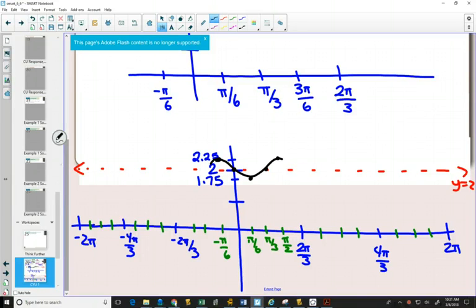To extend it to 2 pi and negative 2 pi, we just have to keep alternating between maximum, center line, minimum, center line, maximum, center line. And keep going over here. Center line, minimum, center line, maximum. My shadow is getting in the way.